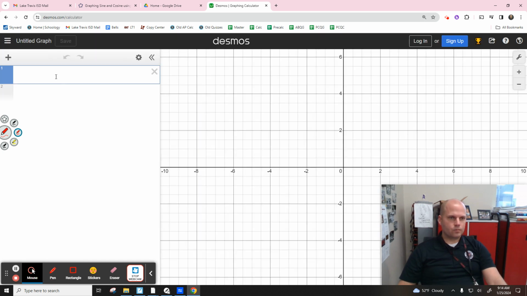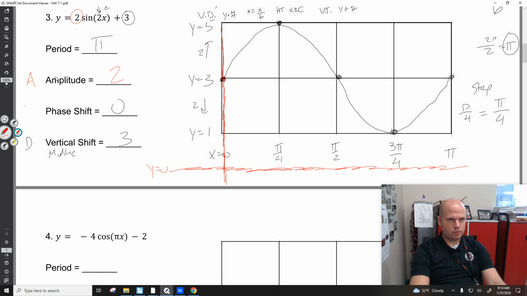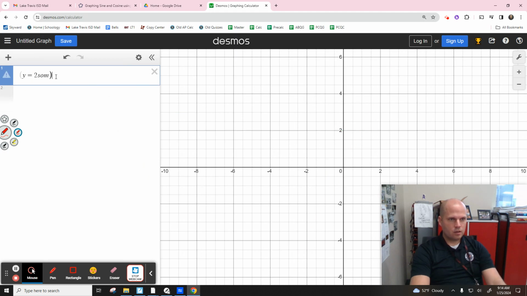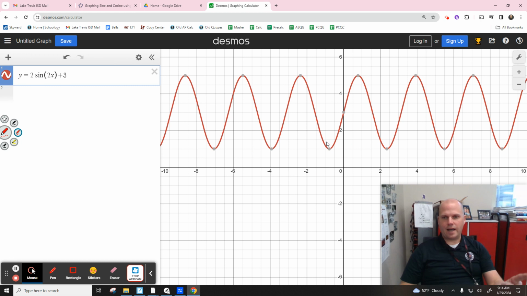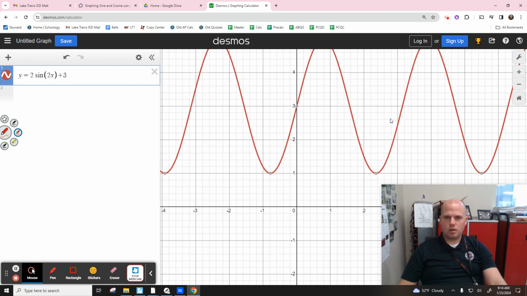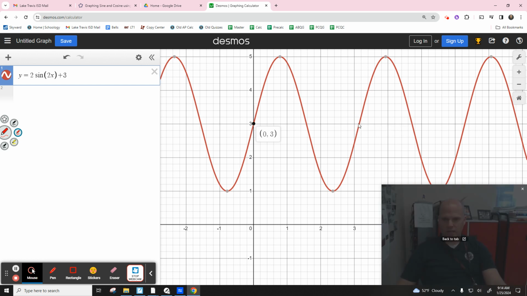We'll go y equals 2 sine, is it 3 or is it 2? 2 sine 2x plus 3, okay? I looked at the one cycle between x equals 0 and x equals pi, 3.14. Right here is x equals pi.